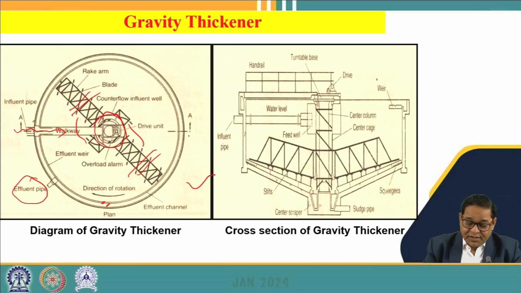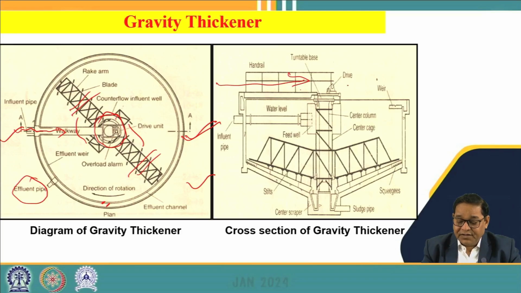If we see the cross section at AA, here that is the handrails where a person can enter into this central well area. At the top, that is the motor and driving unit that are affixed.